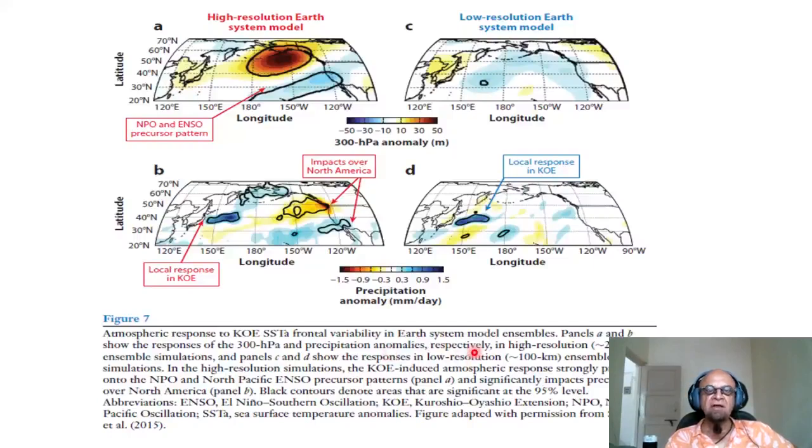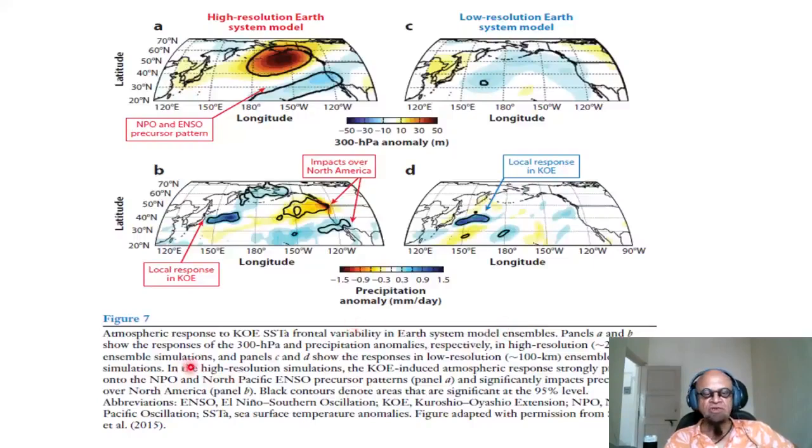As I said, high latitude, mid latitude, extratropical air-sea interactions are tricky because in the tropics, warm SSTs can drive convection and coupling, whereas in the extratropics, it's not always clear, but fronts do produce a response.